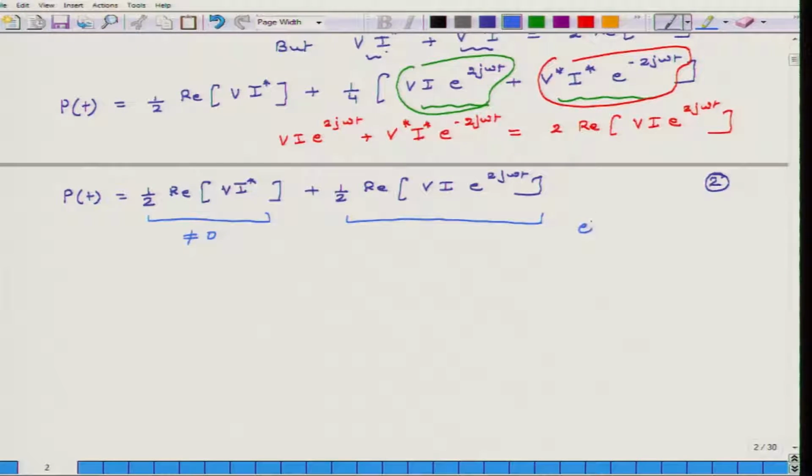So, e to the power of 2 j omega t is equal to cosine of twice omega t plus j sine of 2 omega t.